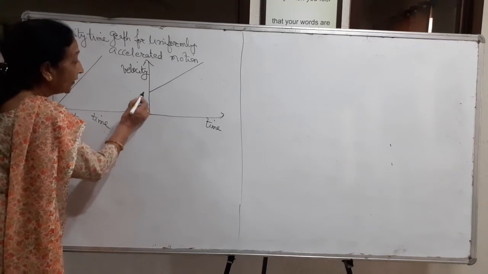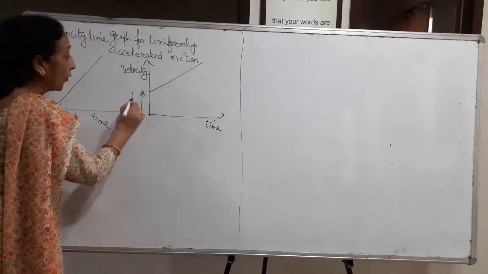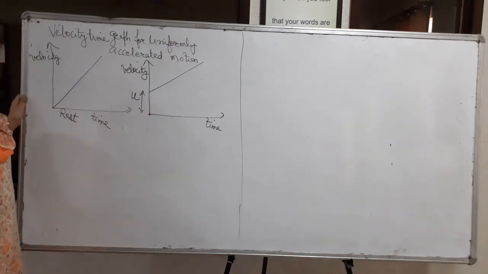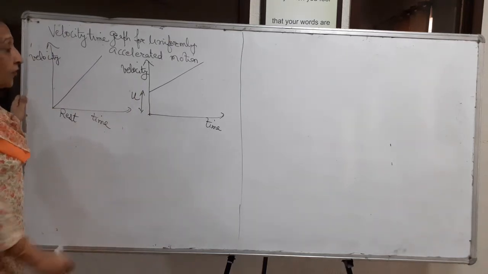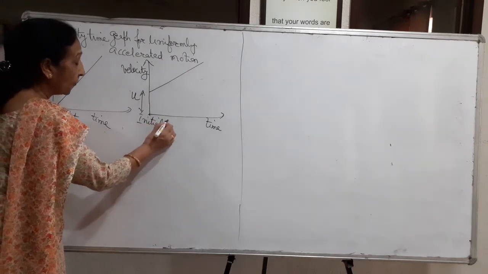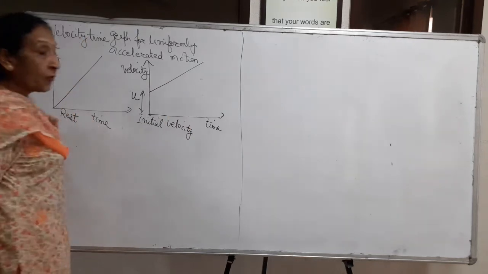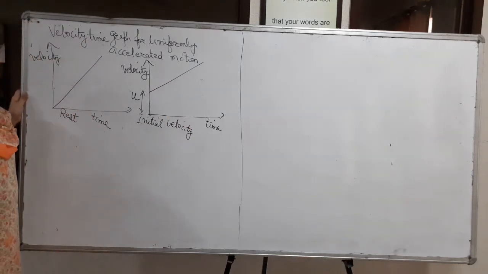It means that at time t equal to 0, the body possesses a velocity u, which is known as the initial velocity of the body.